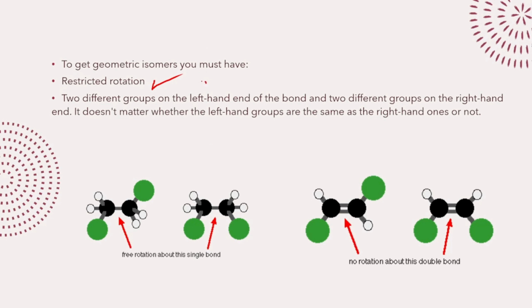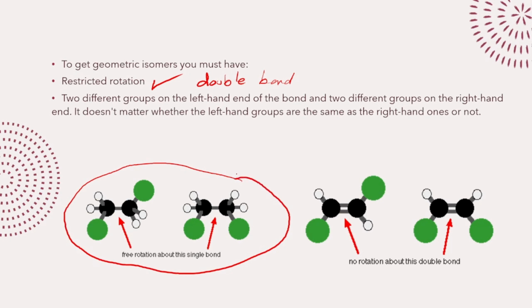It means to have a double bond. Why do we say that a double bond means restricted rotation? Because if you look at those compounds here, those are two alkanes, which have single bonds, not a double bond.